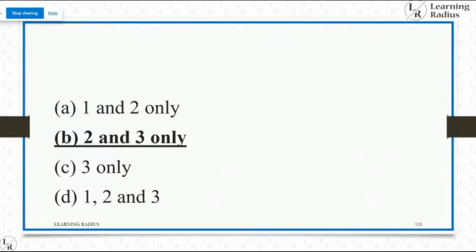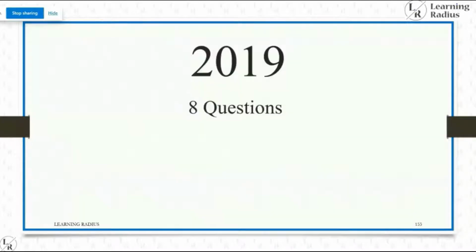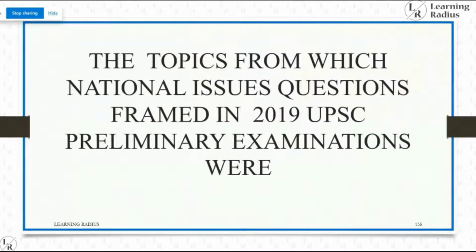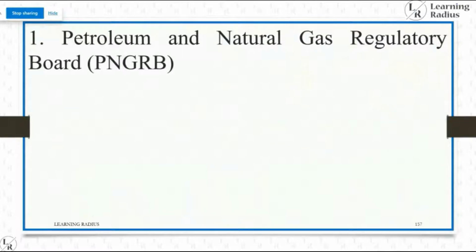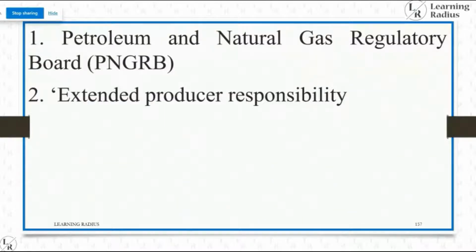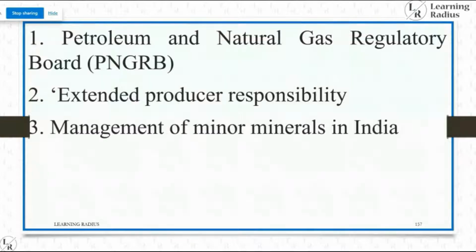Now let's go to 2019. In 2019, UPSC framed 8 questions from national issues. Now when you look into the first topic, you can see Petroleum and Natural Gas Regulatory Board, PNGRB. The second topic is Extended Producer Responsibility. Third topic is Management of Minor Minerals in India.